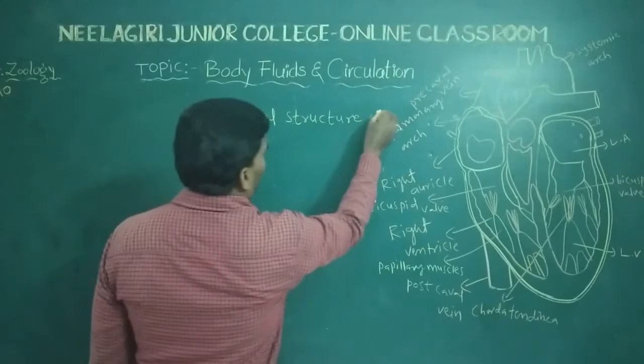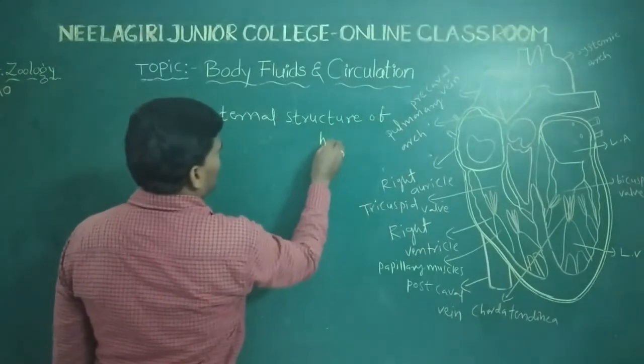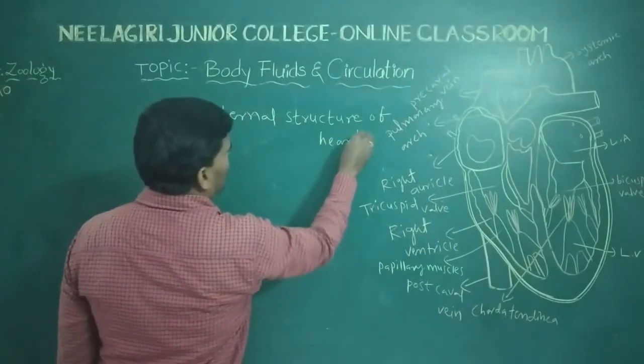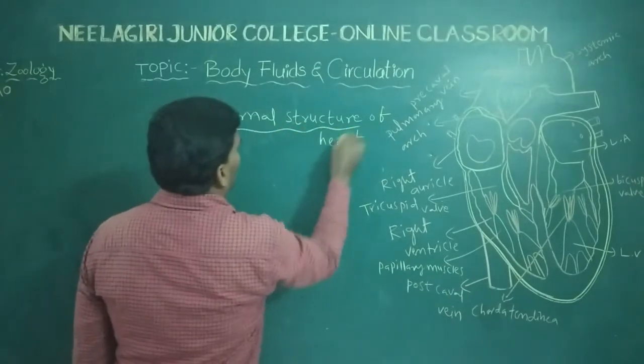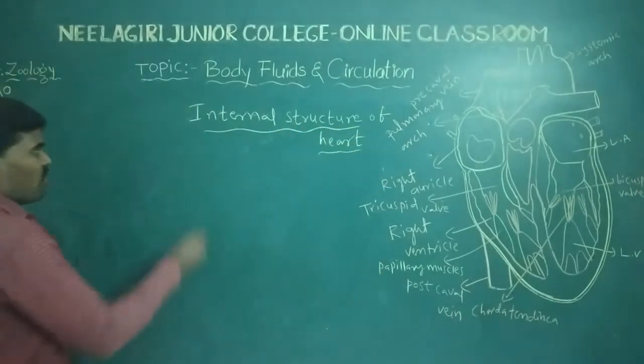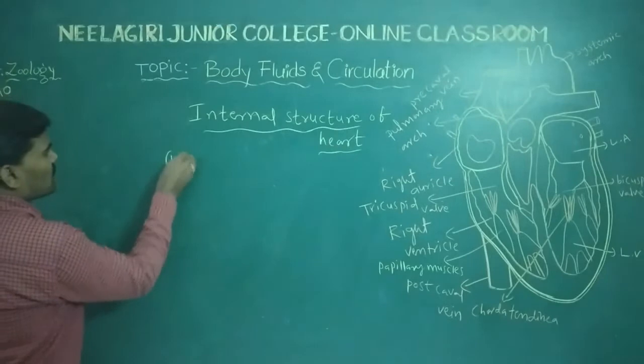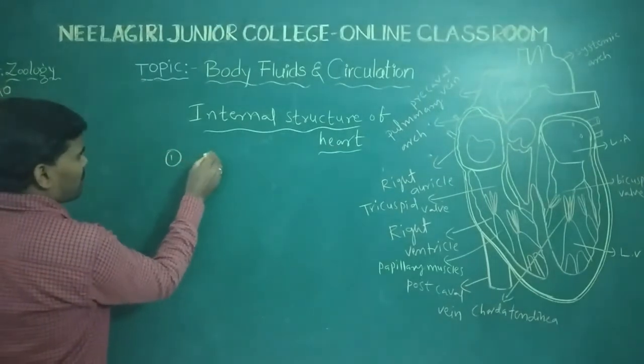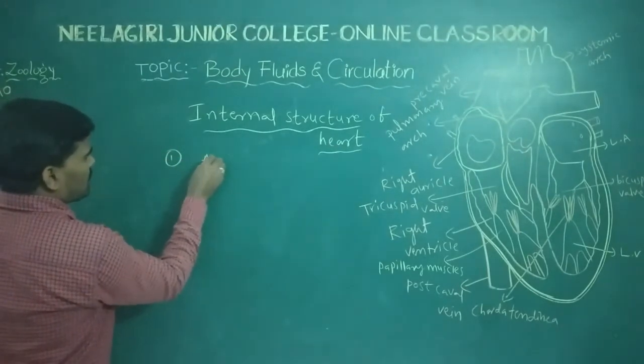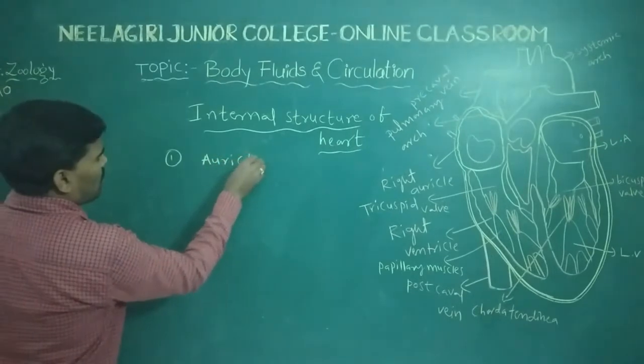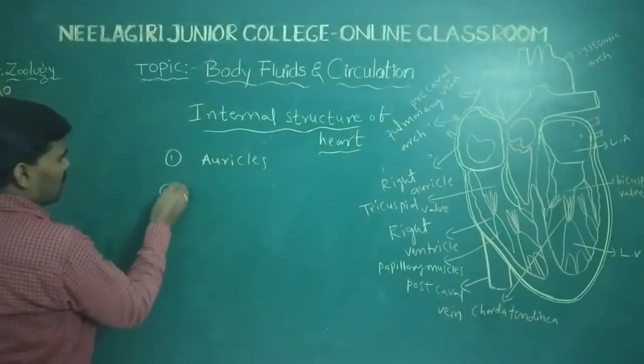Internal structure of the heart comprises the following parts. First one is auricles. Second one, ventricles.